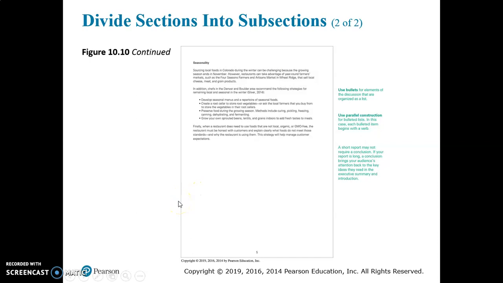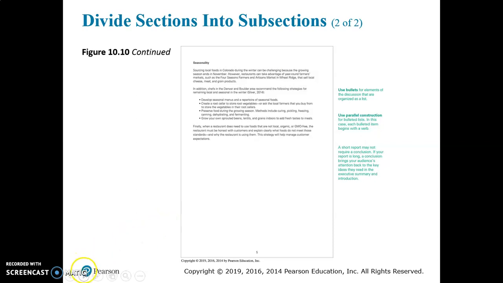As it says in the green type here, a conclusion brings your audience's attention back to the key ideas they read in the executive summary and the introduction. So it's redundant. There's a lot of redundancy in business writing, but we want to see it. It's a good thing. The reason it's redundant is, for one thing, you always want to be on point, and for another, different people read it in different ways.